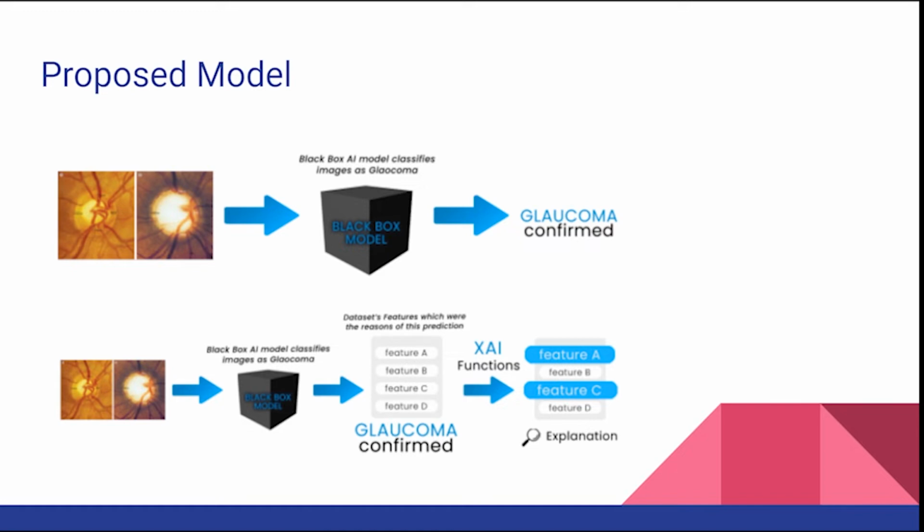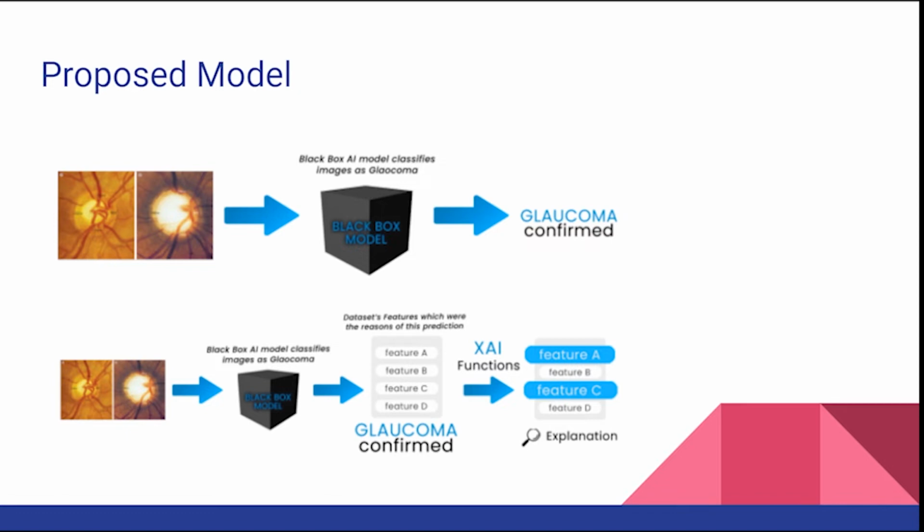We used one of the most popular Python XAI frameworks called LIME. For example, in the first image, the black box AI is only classifying glaucoma positive and negative cases. But in the second image, LIME is explaining the values of the features that were responsible for the outcome.